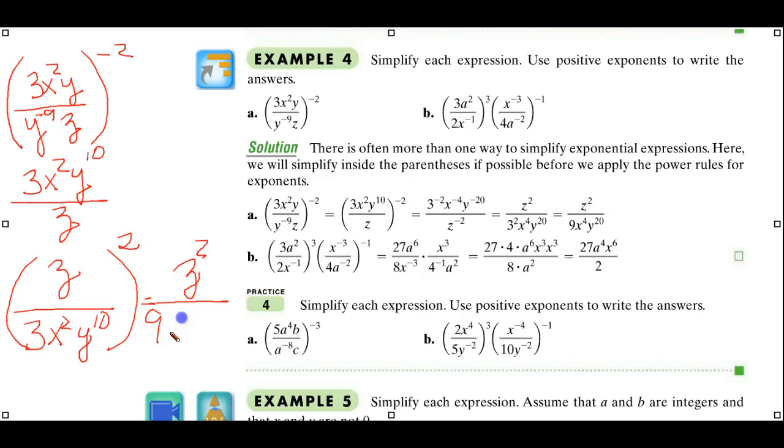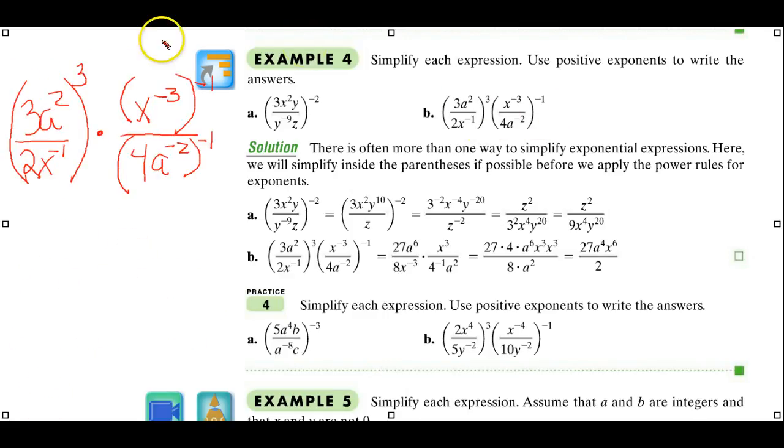This is going to be x to the 4th, y to the 20th. And that's what they got there too. Okay, they did it a little differently, but again, there's a number of ways to do it. I like this idea is if you have a fraction, you can flip it, take the reciprocal, and then our exponent is positive. That might be easier to work with.